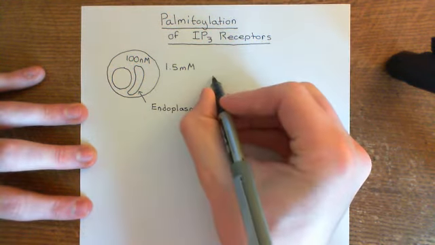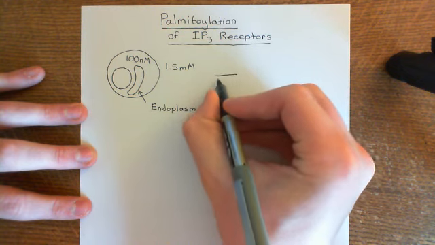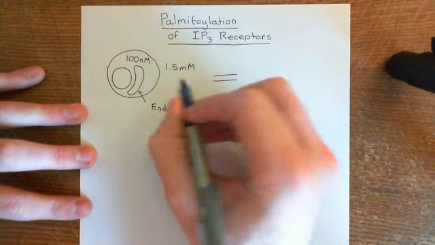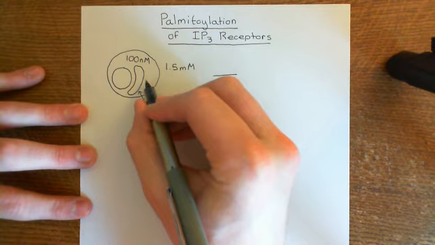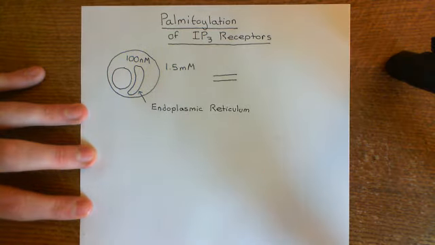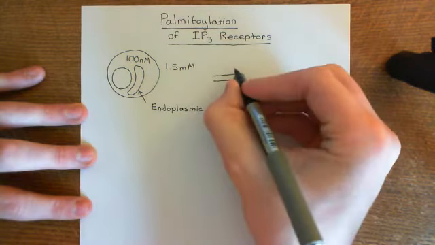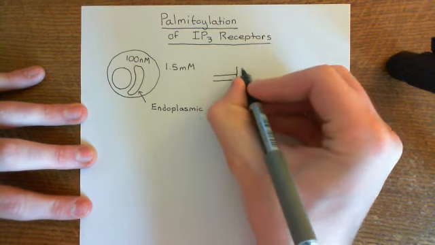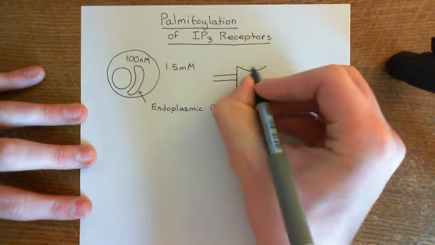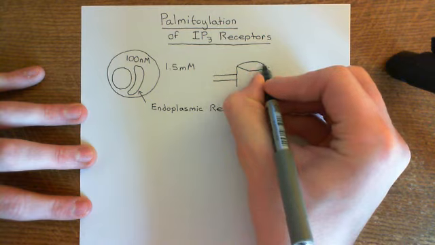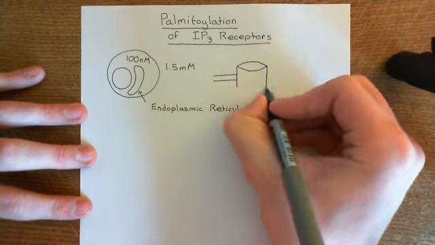The channel that sits in the ER membrane which releases calcium from the ER into the cytoplasm, or at least one of them, is the IP3 receptor. There are also the ryanodine receptors, but we won't discuss those. We're interested in the IP3 receptor.